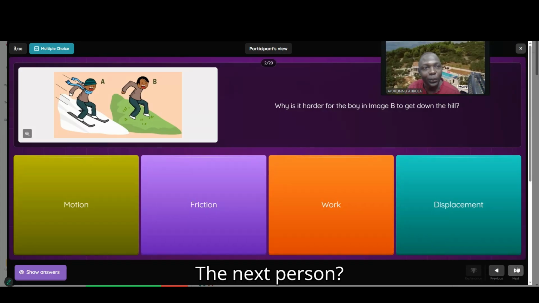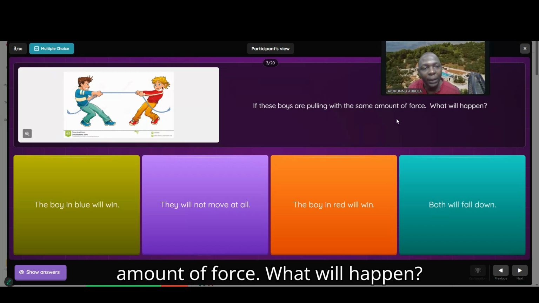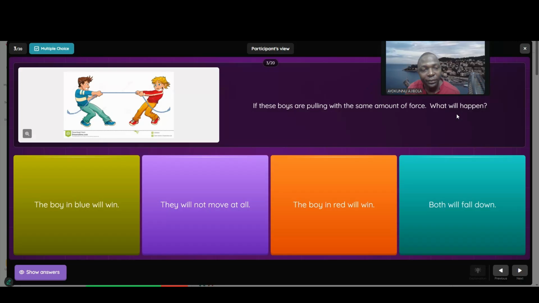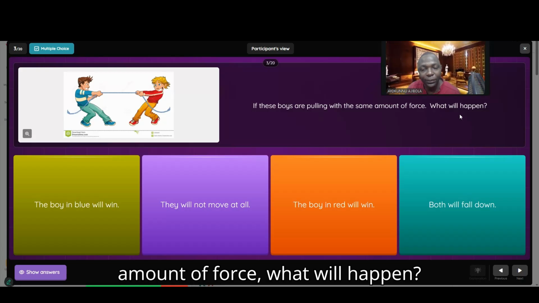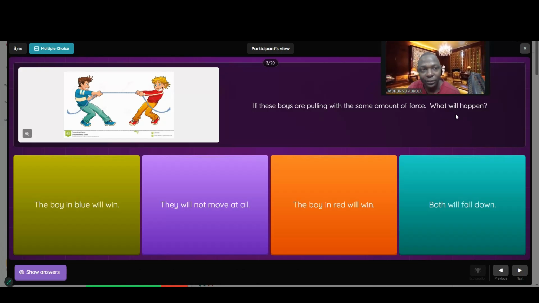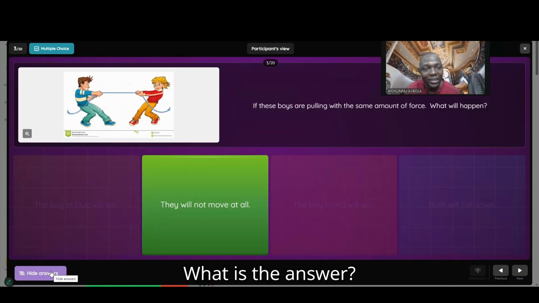The next person: if these boys are pulling with the same amount of force, what will happen? What is the answer?